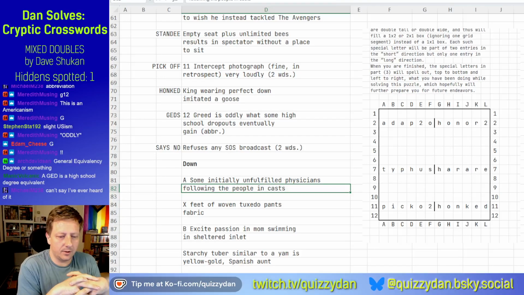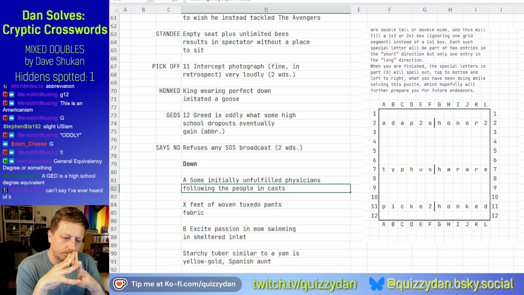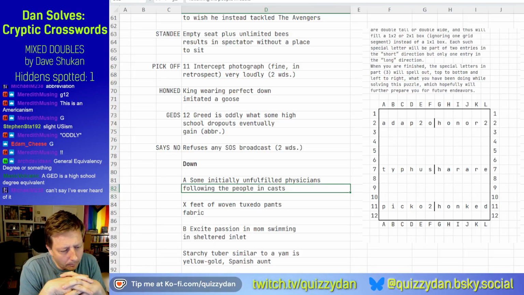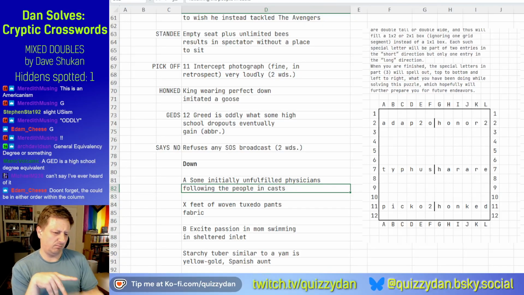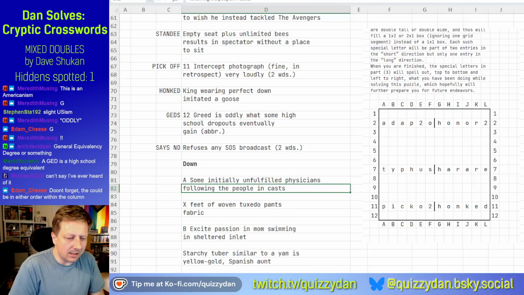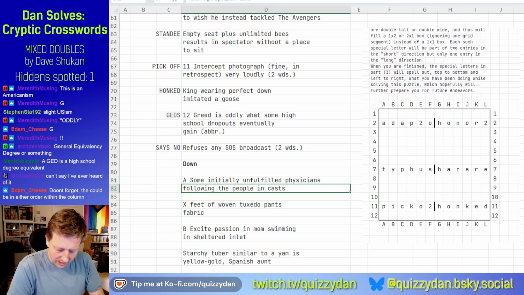I don't know that first one, so I'm going to have to go to X feet of woven tuxedo pants fabric. X feet of woven tuxedo pants fabric. Oh, hang on. Is it an anagram of X feet of? Because then it's woven and we're going to get a tuxedo pants fabric.